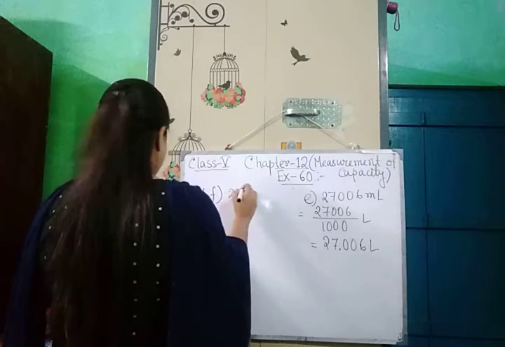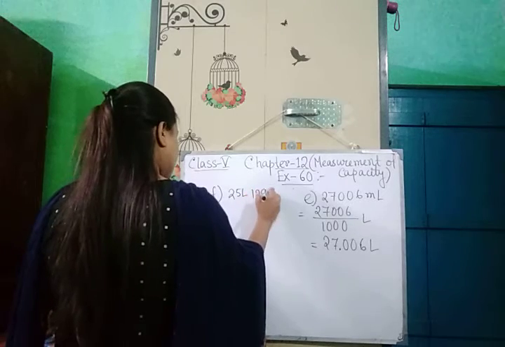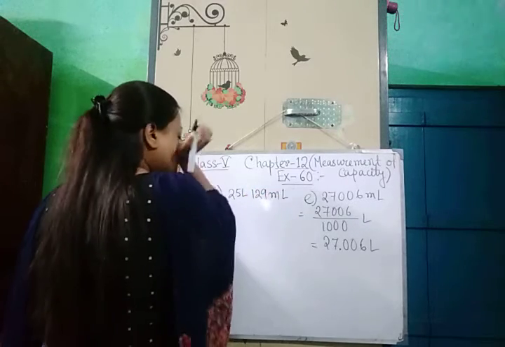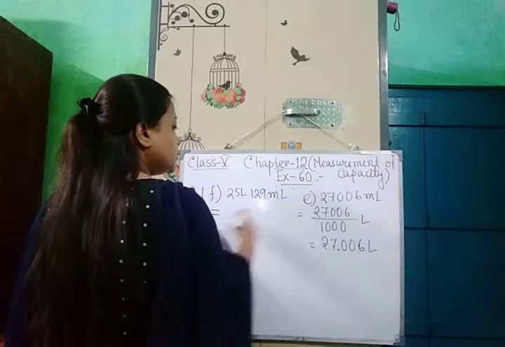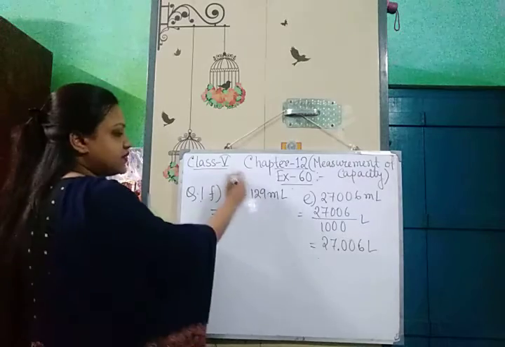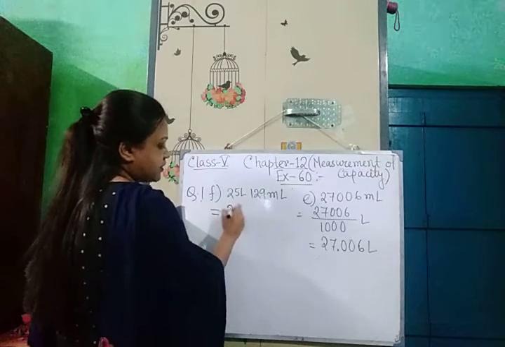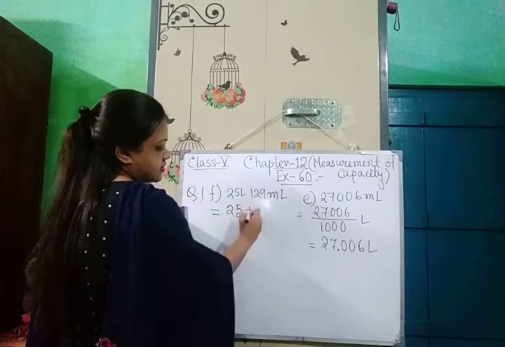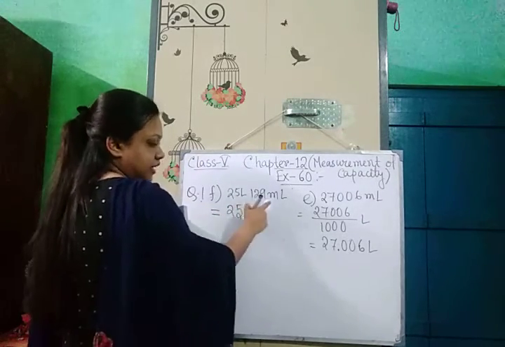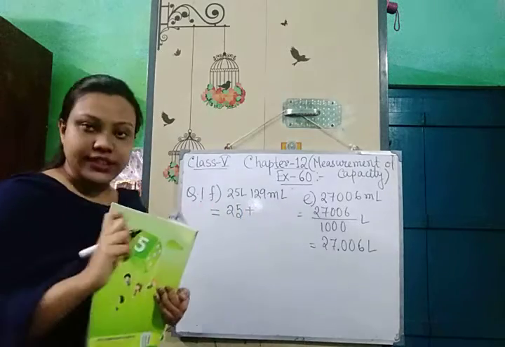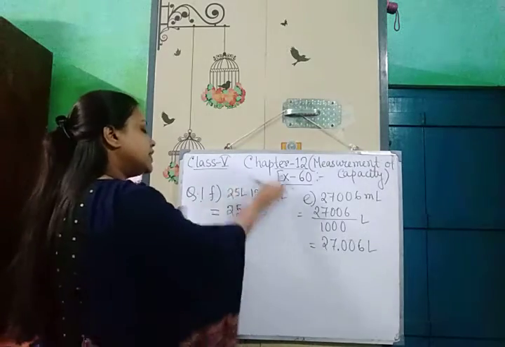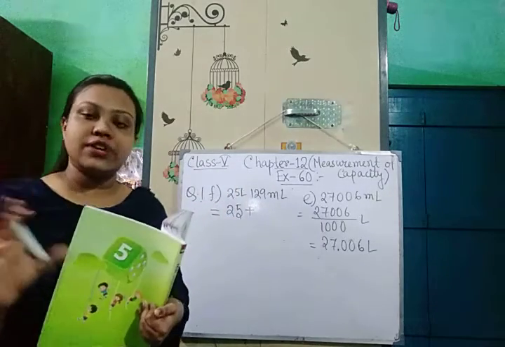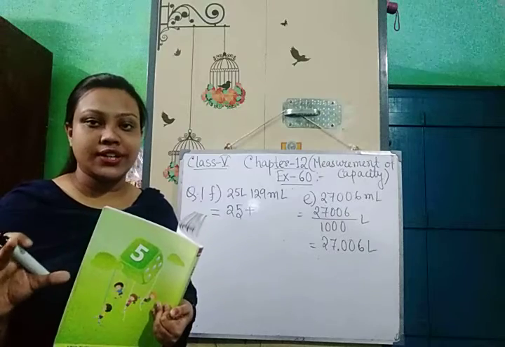That is 25 liter 129 ml. Okay, so how can we convert it to liter? 25 is already in liter, so we can write 25 plus 129 ml, we have to convert it to liter. So we are converting the whole thing to liter. 25 is already in liter, we will not convert it to anything.